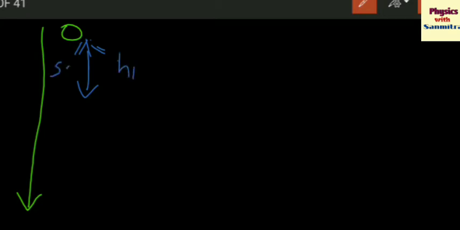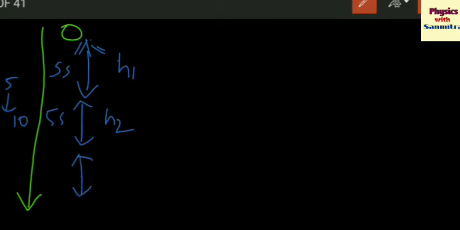In the next 5 seconds, that means 5 seconds to 10 seconds, it will cover a displacement of h2. In the third 5 seconds, that is 10 to 15, it will cover a displacement of h3.